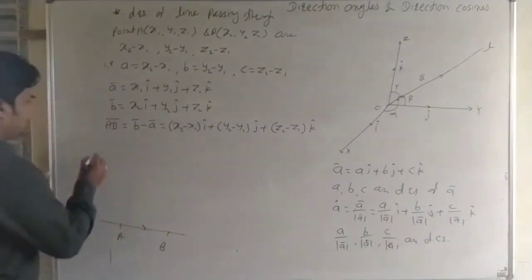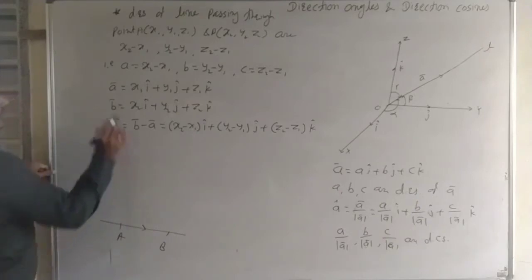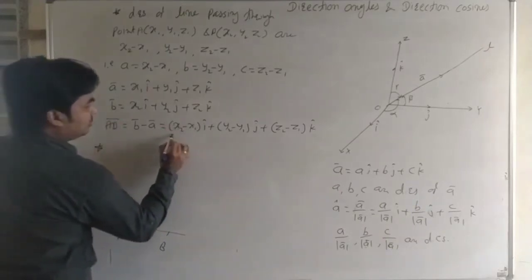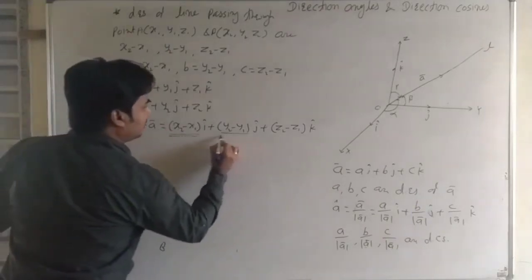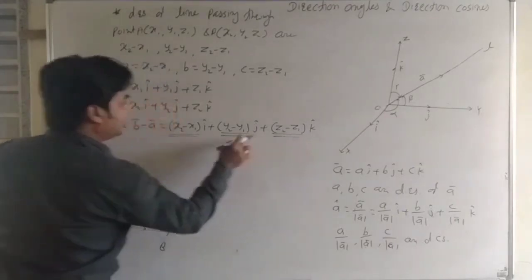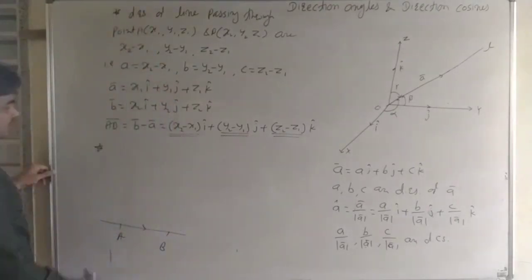Now the second one. See carefully, x2 minus x1, y2 minus y1 and z2 minus z1 are the direction ratios of the line passing through 2 points.